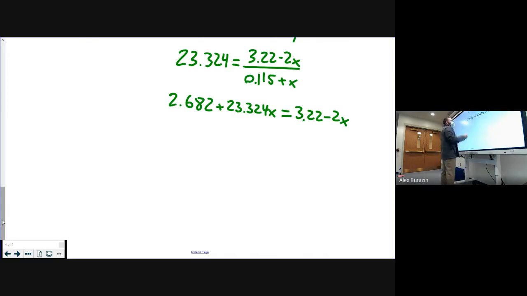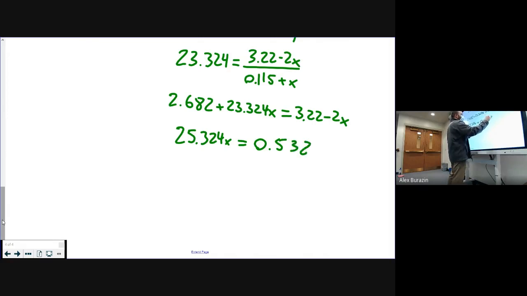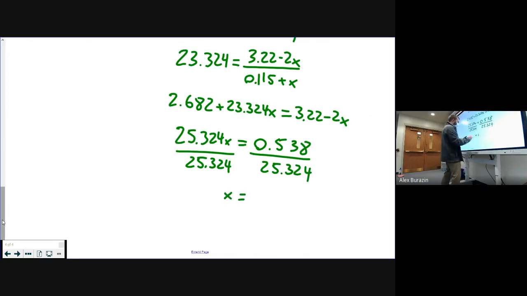I will add 2x, so I get 25.324x equaling 3.22 minus the 2.682, which is 0.538. Divide by the 25.324, and x should equal 0.0212.